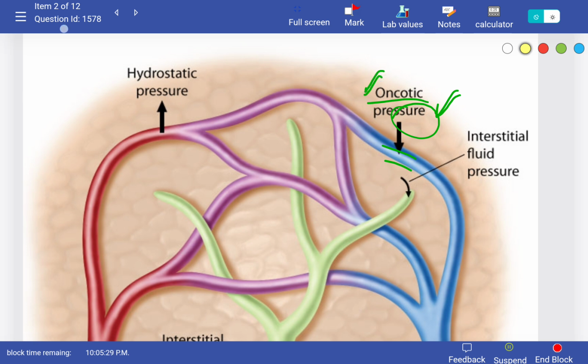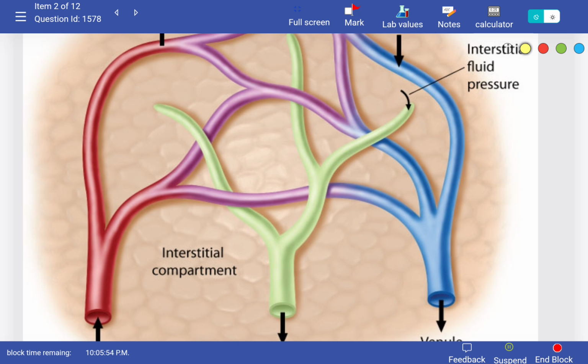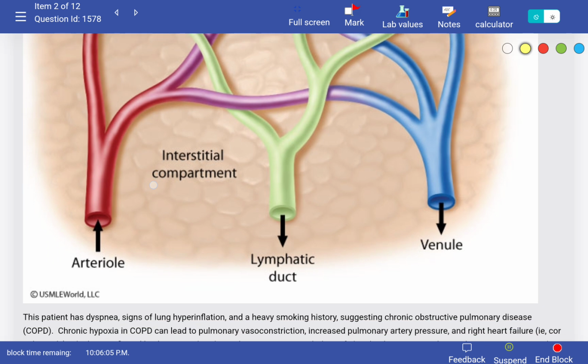Also, we have interstitial fluid pressure that will move the fluid from the interstitium into the vessels. And if we go down, we have the lymphatic duct system, that will also carry the fluid from inside the interstitium into the vessels.